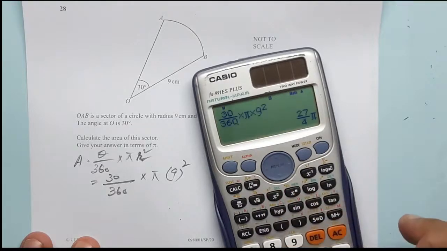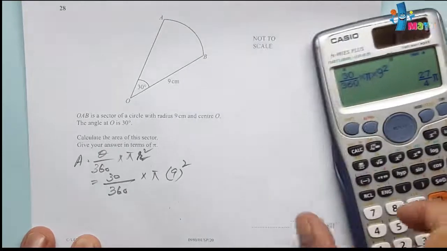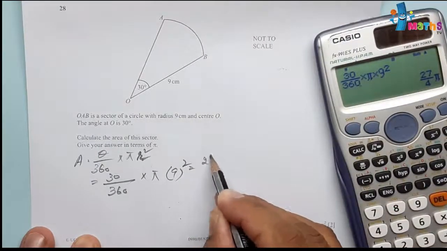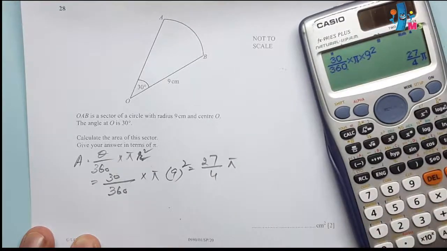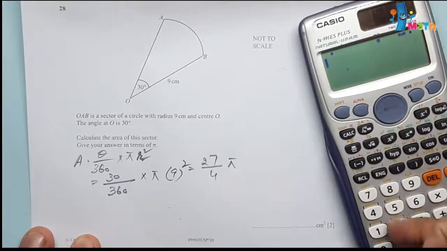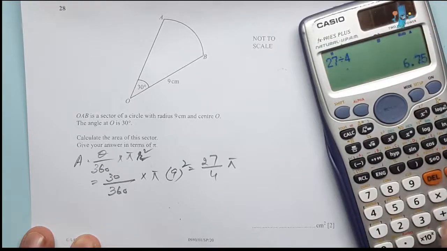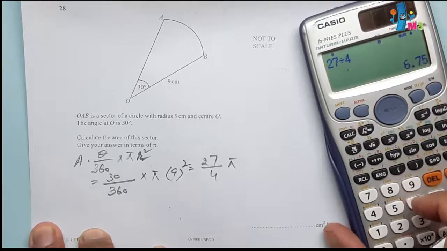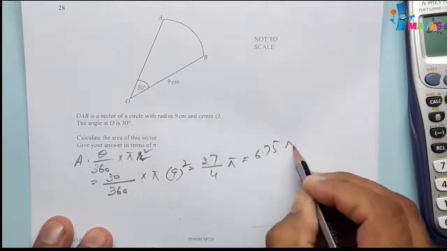This will be equal to 27 by 4 pi. We can write 27 by 4 pi, but the answer we require is in terms of pi, so we will divide only 27 divided by 4. We will get 6.75. So we can write here 6.75 pi.